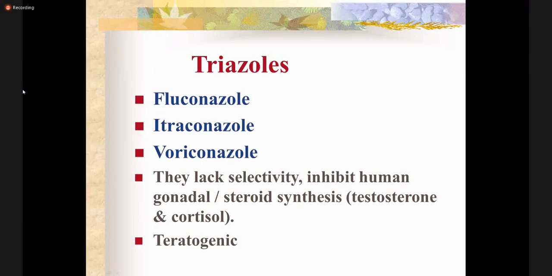This is how it affects the hormonal level. Corticosteroids and estrogen all have a similar sort of structure, and ketoconazole also has effects on this type of steroid synthesis. This is why it is said that it affects testosterone and corticosteroid.